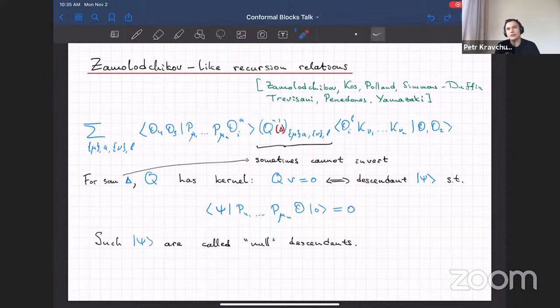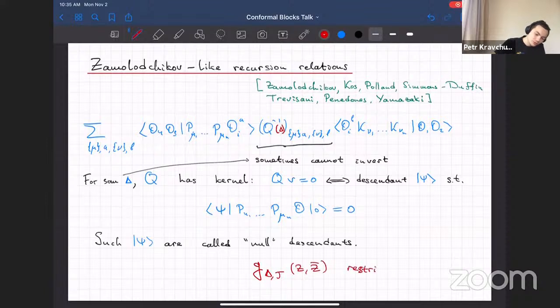But they're useful. For example, by combining quadratic and quartic Casimir, you can write a differential equation for the function g_{Δ,J}(z,z).